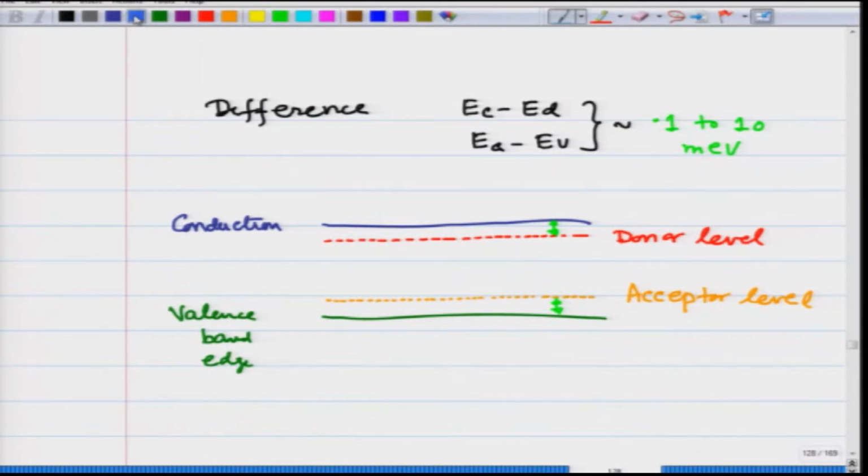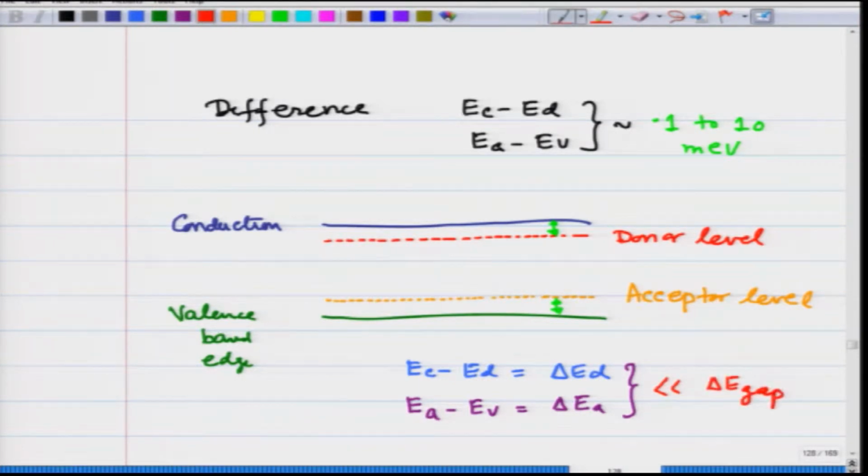So, let me just write that E c minus E donor, which I will call delta E d, or E acceptor minus E valence, which I am going to call delta E acceptor, they are much less than delta E gap, which is out here.